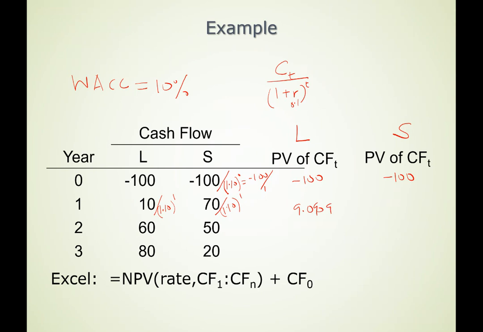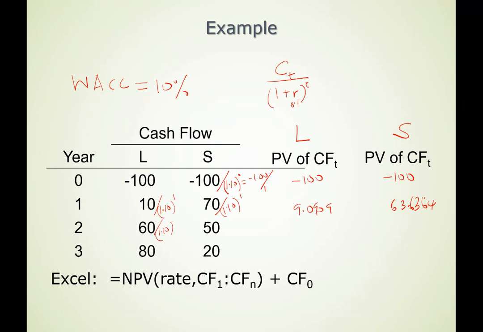For 70, your present value will be 63.6364.